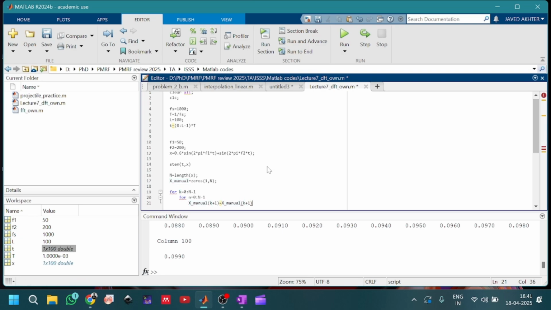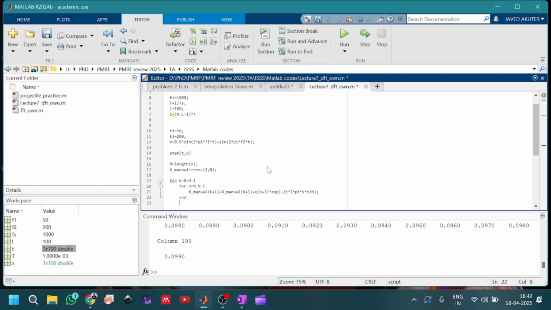Since you have to do the summation, here we will have x n plus 1, because n is also starting from 0, and here we will have the exponential term which is minus 1j 2 pi k n divided by n, and let me end it, and there should be another end for this for loop.